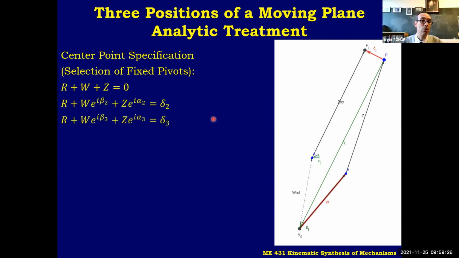So what I am going to have is R plus W e to the I beta 2. So I move to my second position, Z e to the I alpha 2, and that's going to become delta 2, which is this. And for position number 3, I will have this. As you see, I have introduced one more complex equation, one more complex unknown.